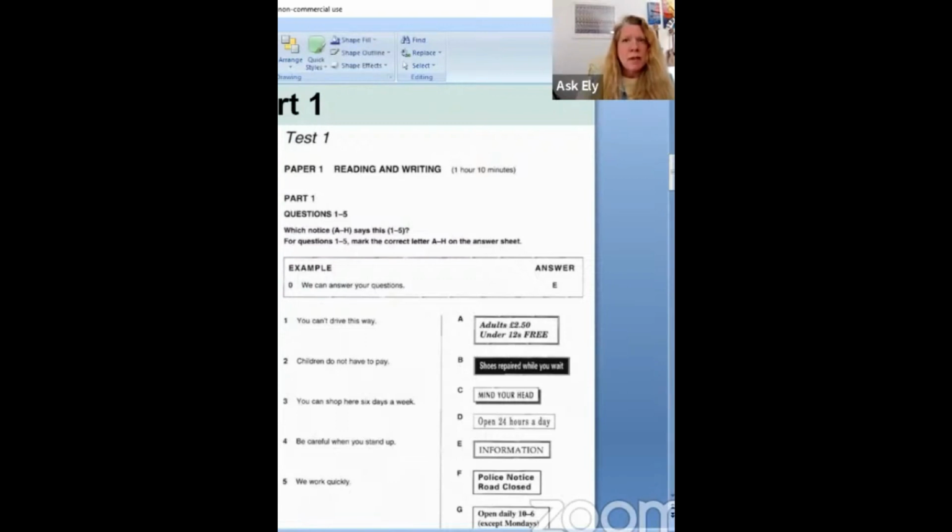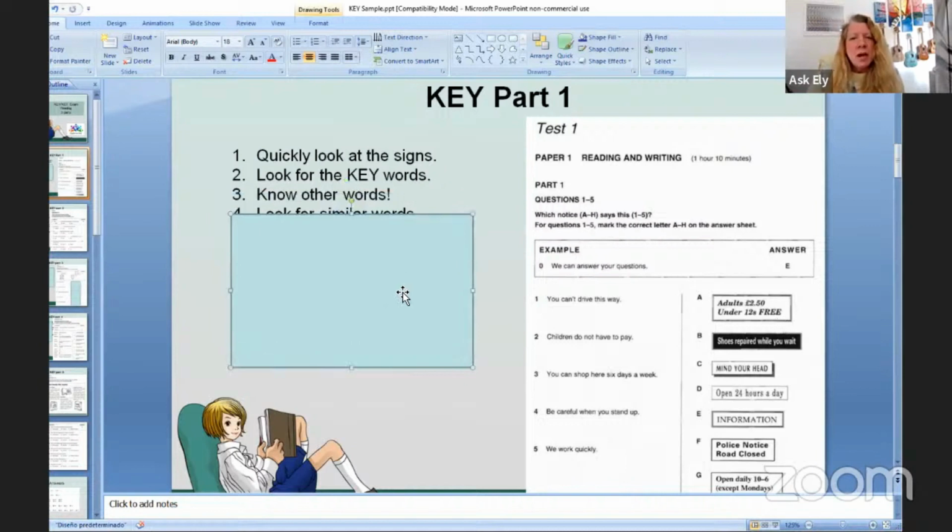Okay. We're going to look for key words in this sign. We have the words adults and under 12, free. So we have adults, there's a price, and under 12 is free. And free means no money, right? You should know other words.